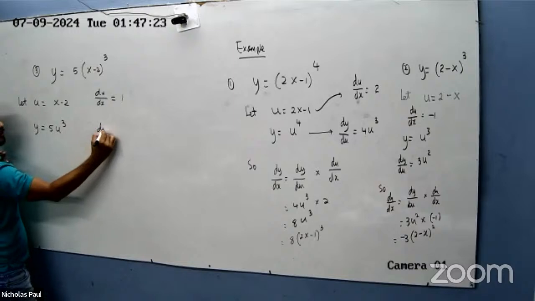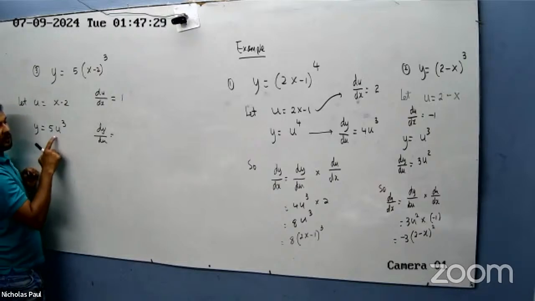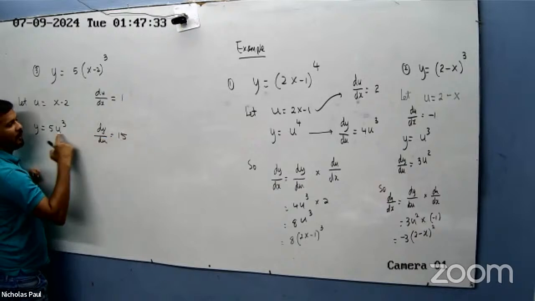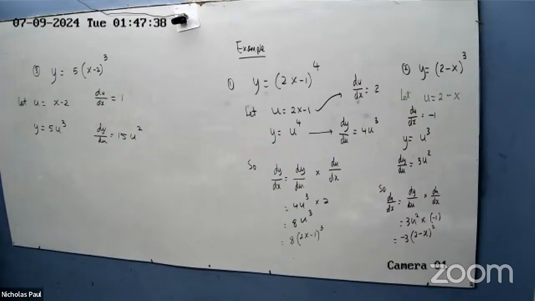So now dy/du is equal to the differential of this, 3 times 5, that's 15u squared. That's okay. 15u squared.